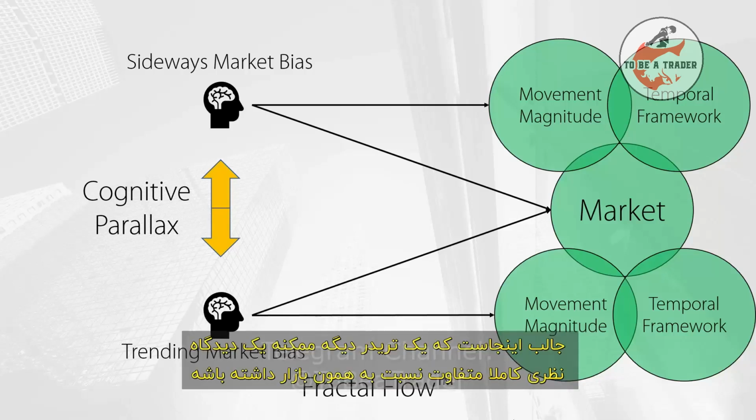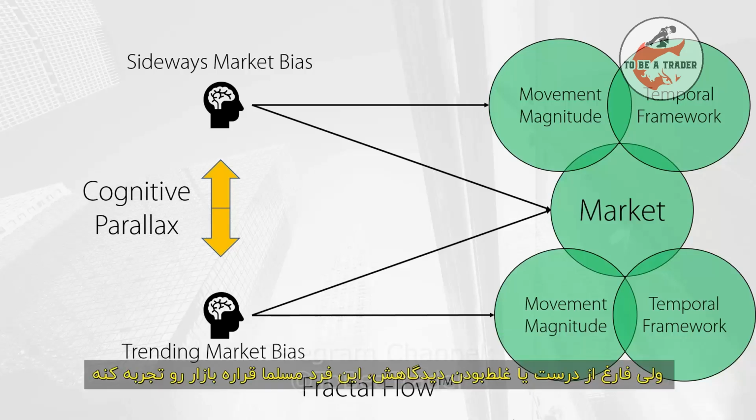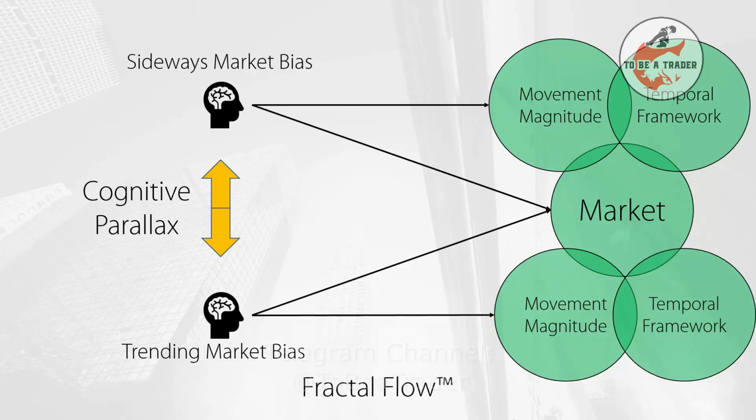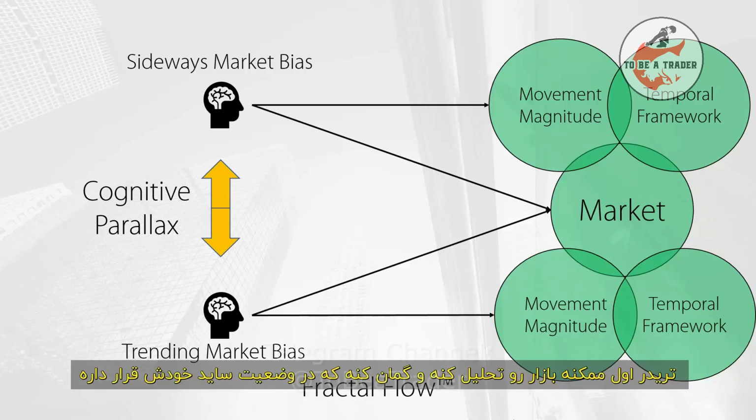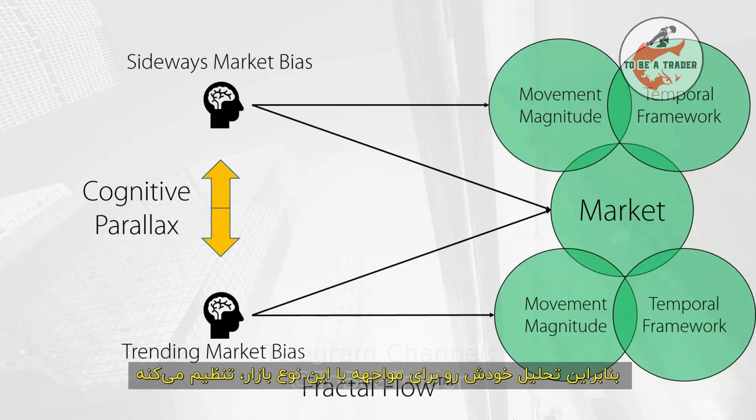The interesting thing about this is that another trader might have a completely different theoretical view of the market, but he is obviously going to experience the same market independently of being right or wrong about it. For example, Trader 1 might be analyzing the market and thinking it is in a sideways mode, therefore he adjusts his analysis to conform with this type of market.